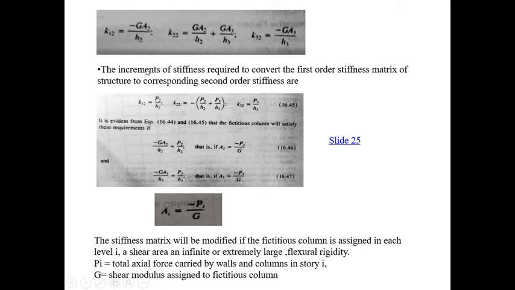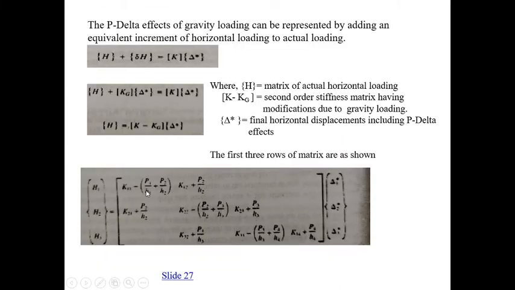So now what we do is, the increments of stiffness which are required to convert the first order to second order stiffness matrix, we will be having K12, that is in the previous slide we have K12 is equal to, that is in the stiffness matrix, as it is said in the second row of the stiffness matrix, it changes. So K12 is plus P2 upon H2.